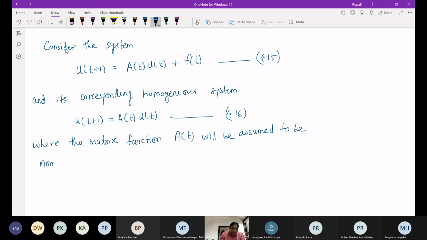What is meant by non-singular? Determinant non-zero, for all integers t.